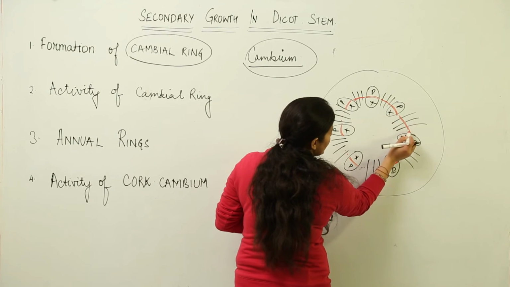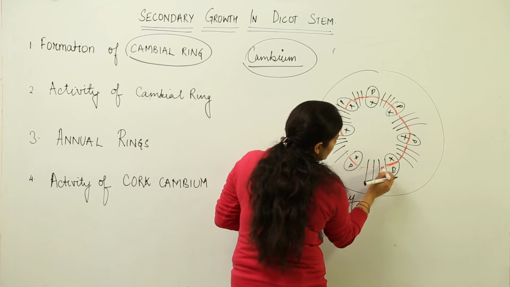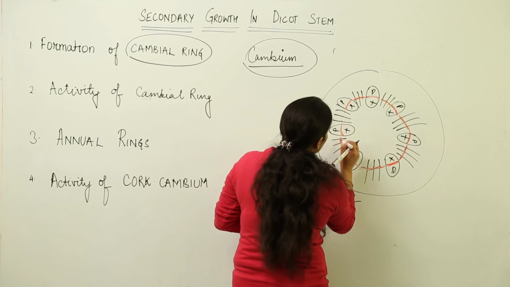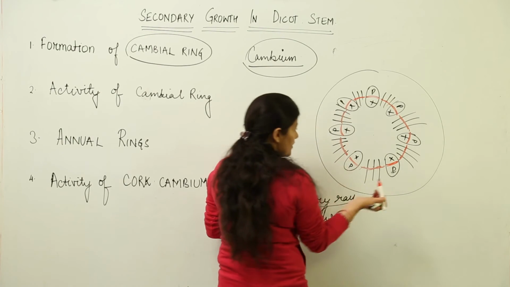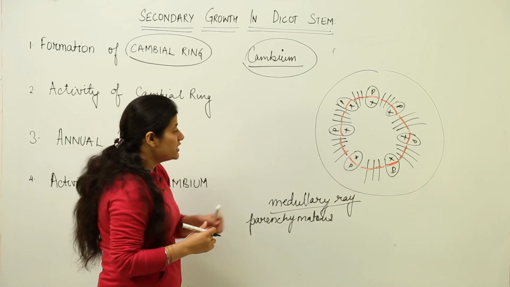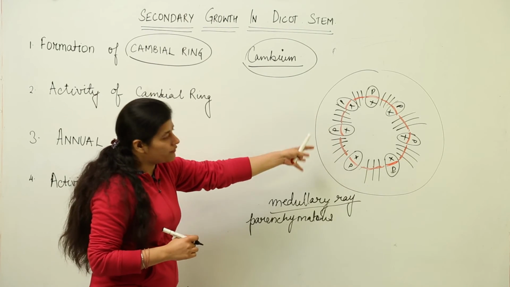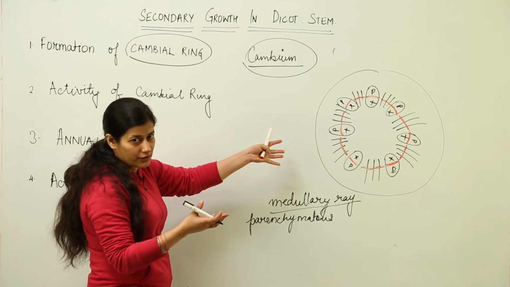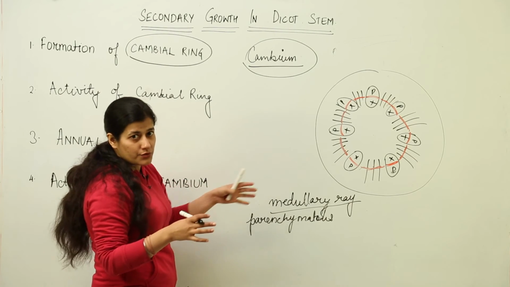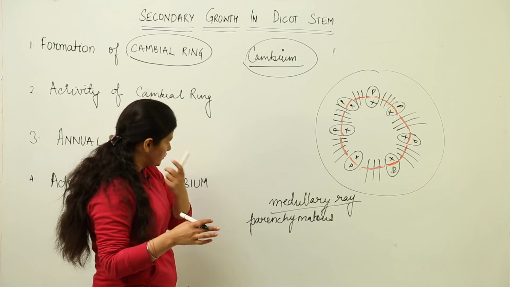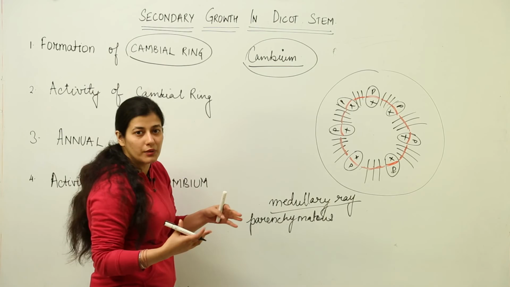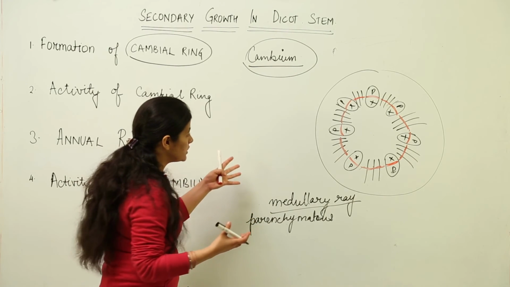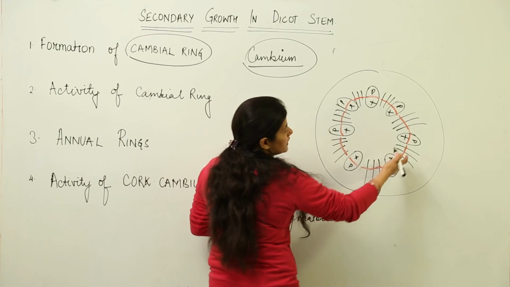This process has to take place, and that we study as the very first step in secondary growth. So, we are arriving at something that looks like a ring. Don't worry, we are going to have a projector presentation so that you can associate in a better way with good diagrams. Mine is just a rough representation. So, we get a cambial ring.